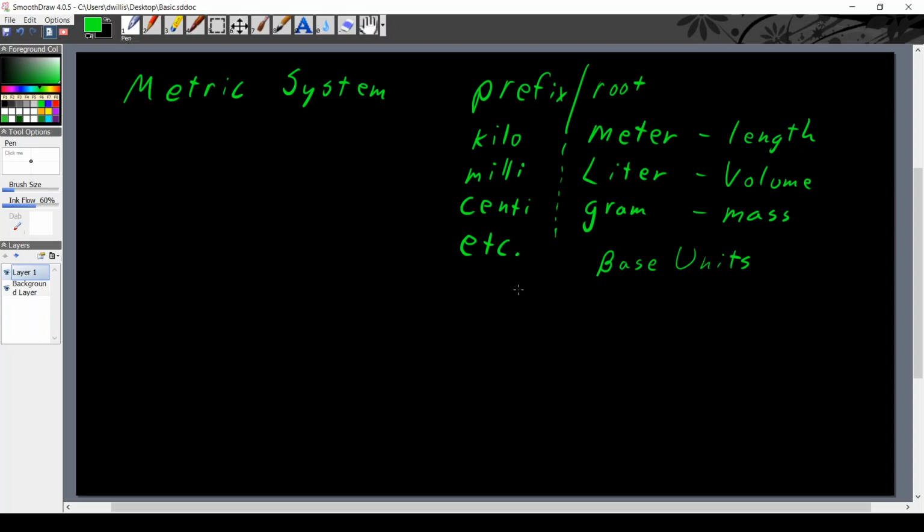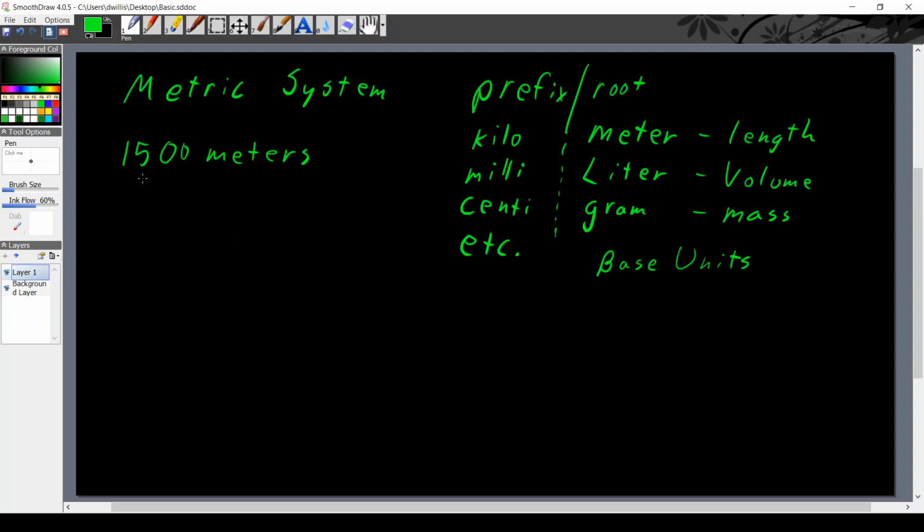All right, so let's dive right in then in terms of how those can fit together. So let's say that I would like to measure a distance, and that maybe I have a distance of 1,500 meters. All right, but perhaps I would like to express that a little differently.